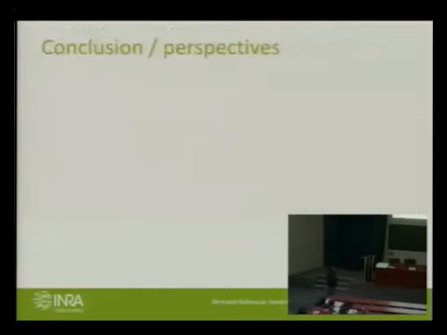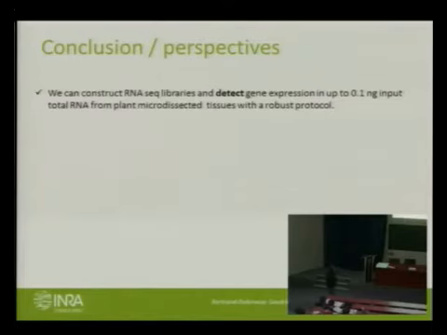So what are the conclusions of this work? Actually, if your question is, I want a black and white answer of whether my gene is expressed in my very low quantity samples, it works.